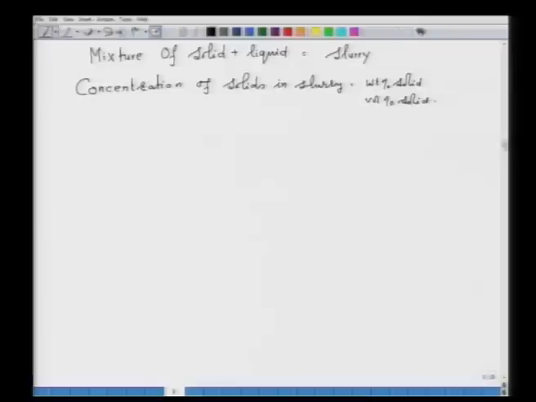Now, it is also very often required to know what is the weight percent solid in a slurry, because many times you can't measure these weight percent solid in a slurry directly, it is difficult to measure. So, you may be measuring some indirect measurement, say by measuring the density and so on, one can determine the weight percent of the solid in a slurry, and you can convert that weight percent into the volume percent of the slurry.